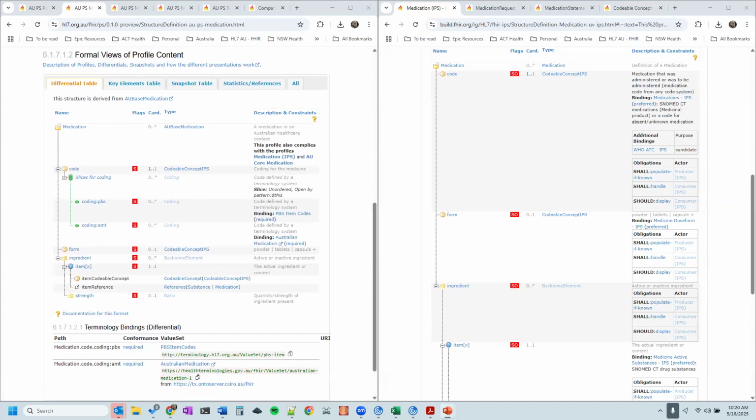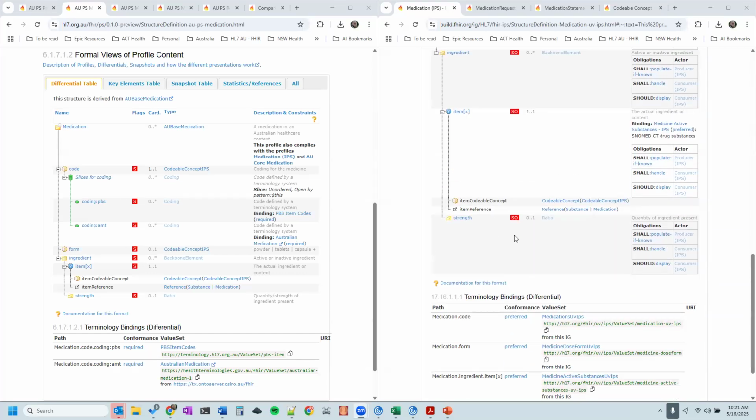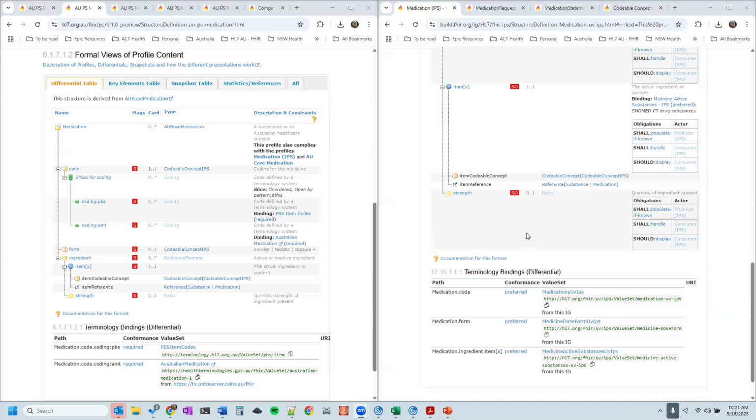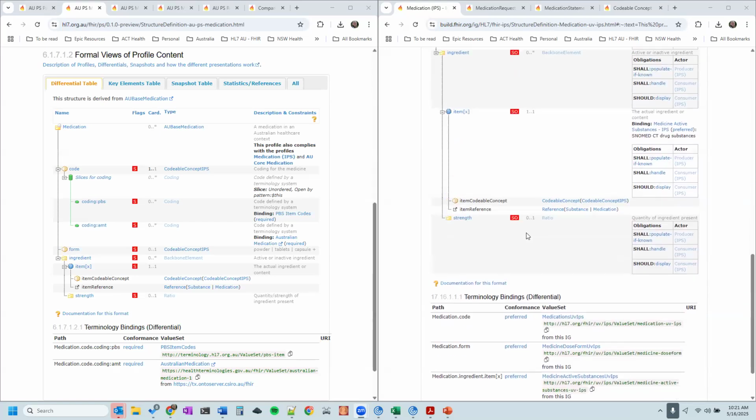I think the discussion in Zulip has landed on actually backporting the codable concept actually makes more sense for ingredient strength. And so that's something that we'd be looking at potentially bringing in. It just is something different. So that would be backporting from R5, because not all systems can support the ratio data element.